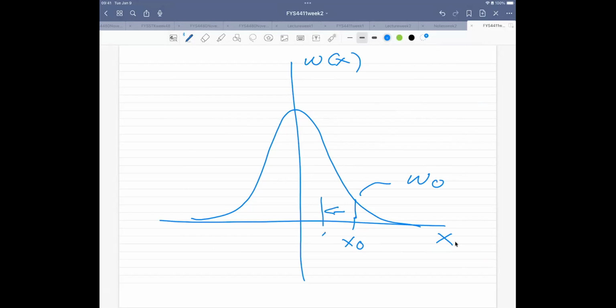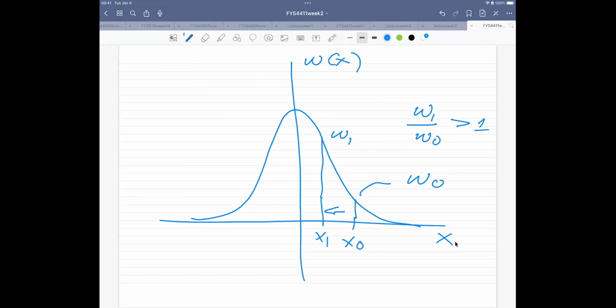I'm just jumping randomly, and that brings me here, which is W1. So W1 divided by W0 is larger than 1, right? That sounds reasonable, right?